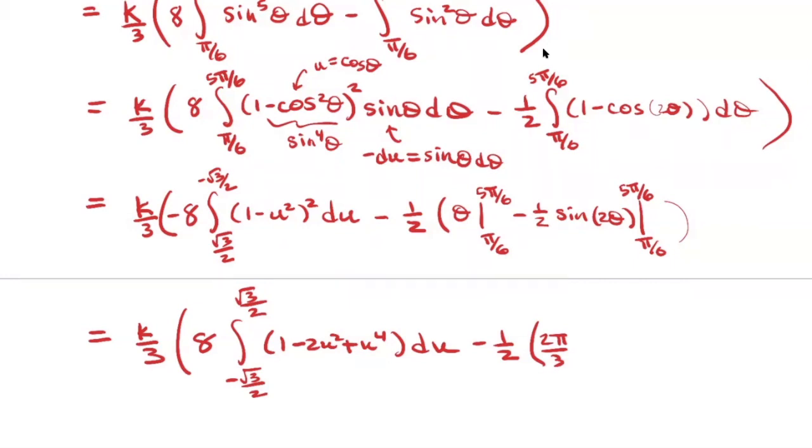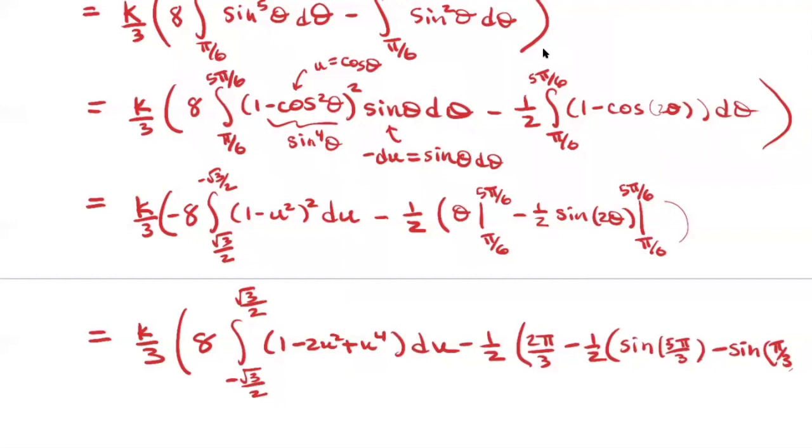Now, what's the sine of 2 theta? That would be the sine of 5 pi over 3. I've got minus 1/2 times the sine of 5 pi over 3, minus the sine of pi over 3. I don't think those are going to cancel. I wish they did, but they're in different quadrants. One's up above and the other's down below. It's not good.